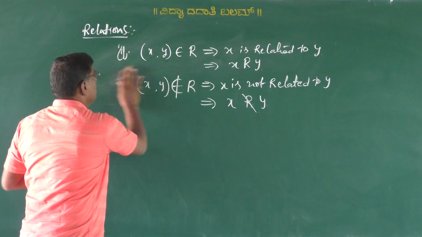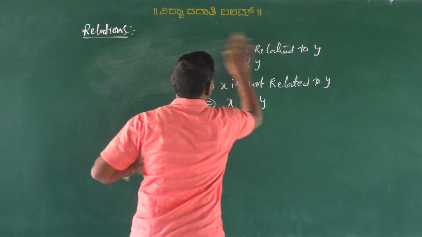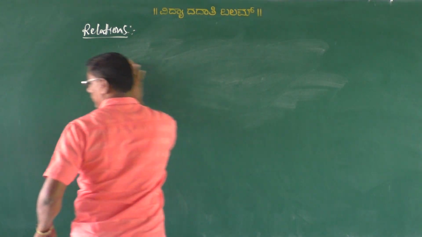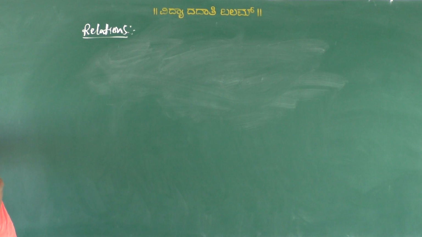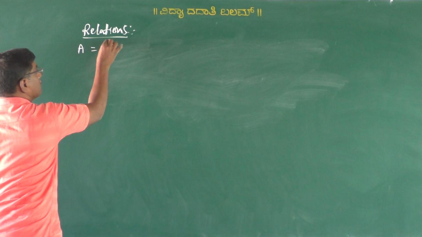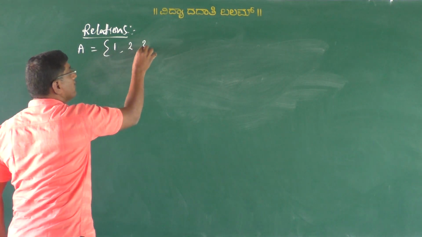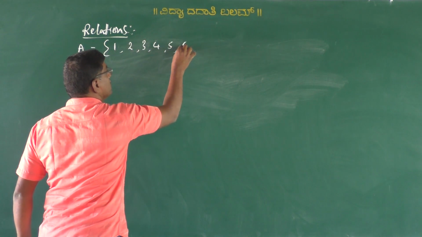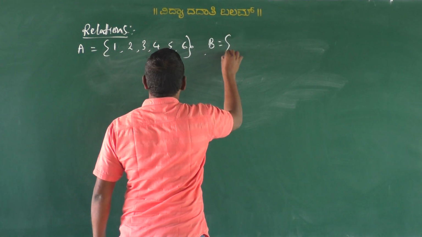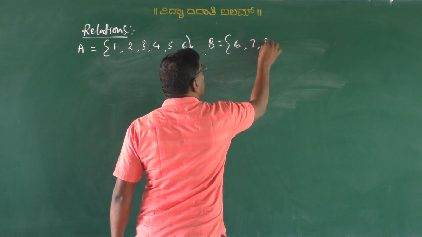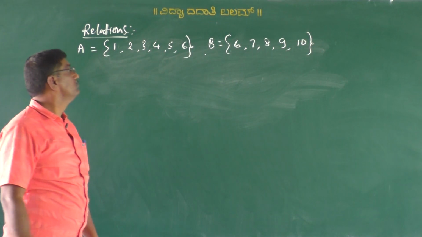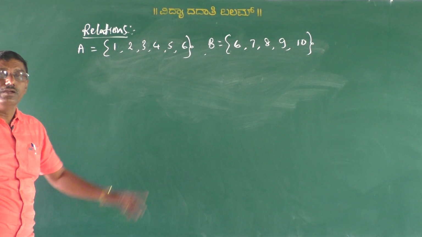Example. See here. Consider set A is equal to the set of all 1, 2, 3, 4, 5, 6. B is equal to the set of all 6, 7, 8, 9, 10.